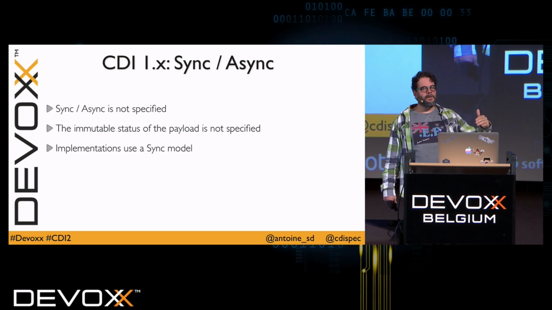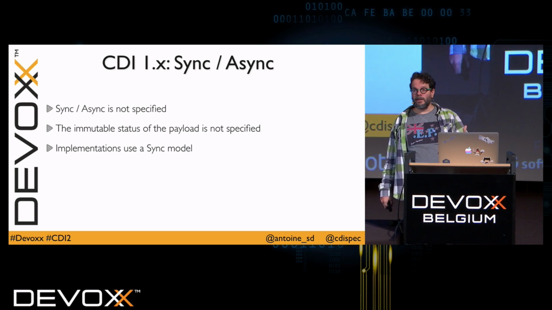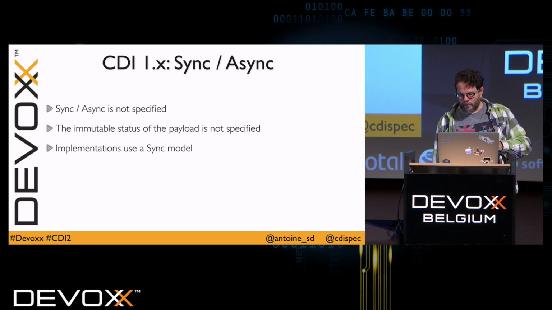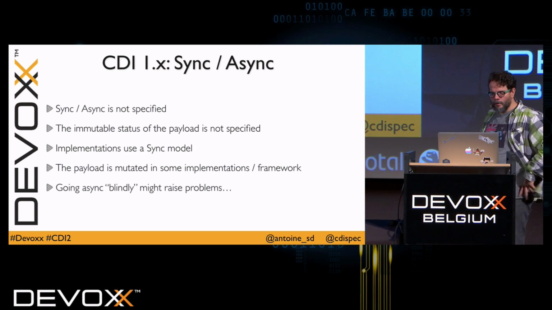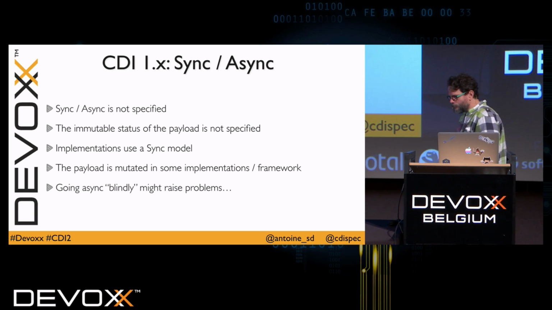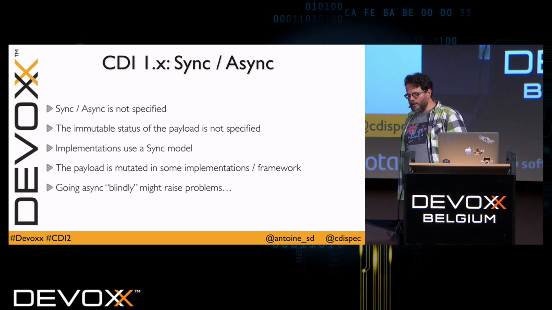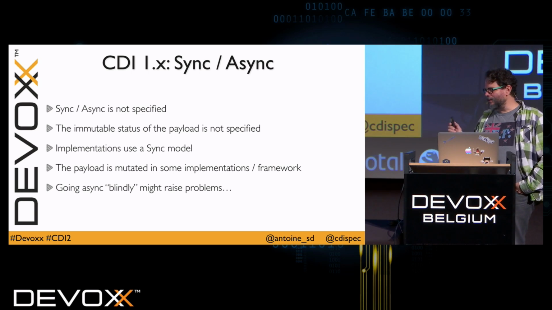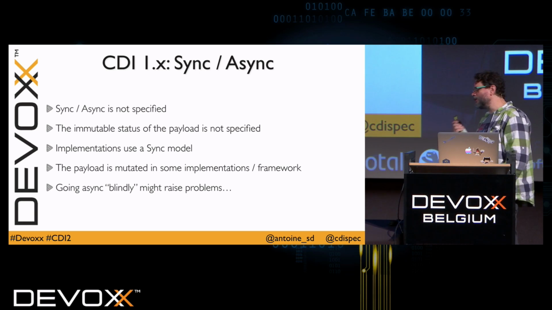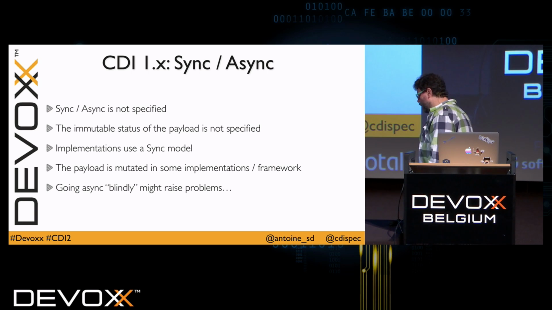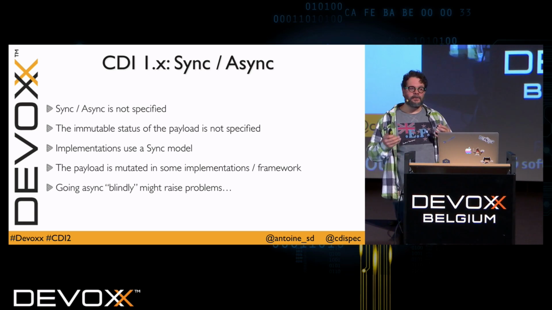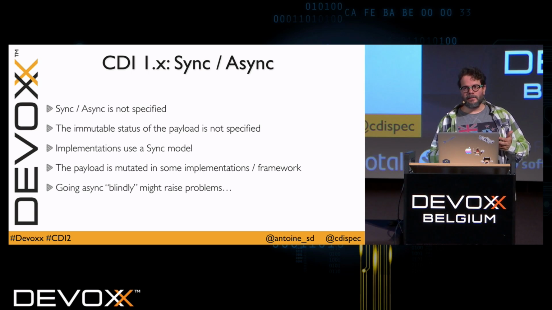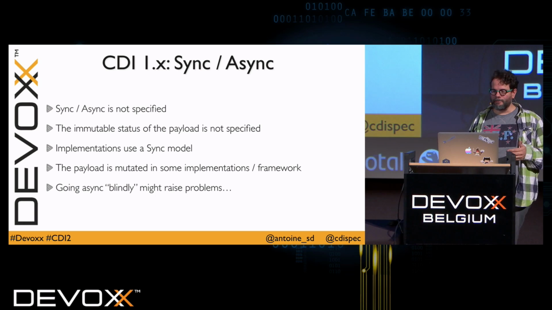So you can observe an object and change the content of the object. And the conclusion of that is, with all these constraints and with all this usage we have, we cannot go to an async event system blindly.